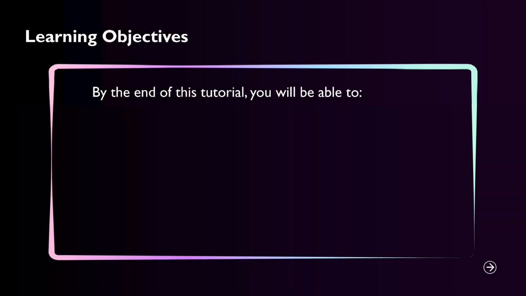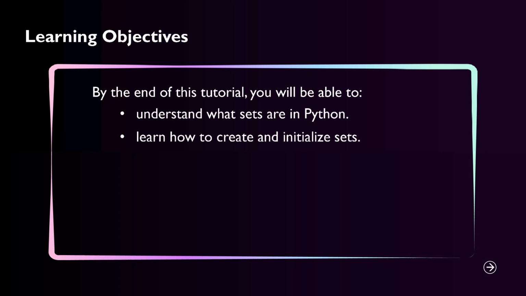By the end of this lecture, you will understand what sets are in Python, including their key characteristics like uniqueness and unordered nature. You will learn how to create and initialize sets using curly braces or the set constructor. You will be able to access individual elements in a set and use iteration to process all items.